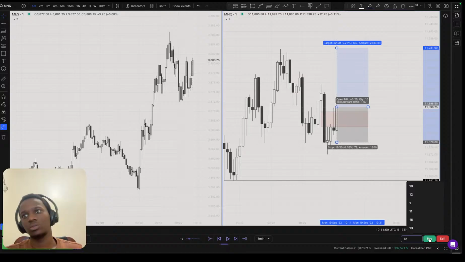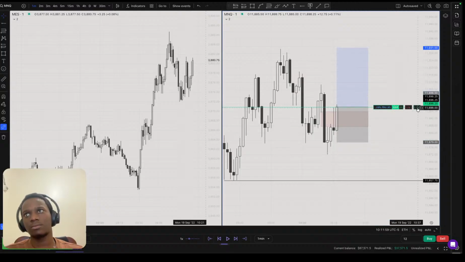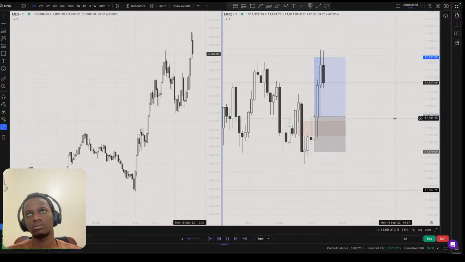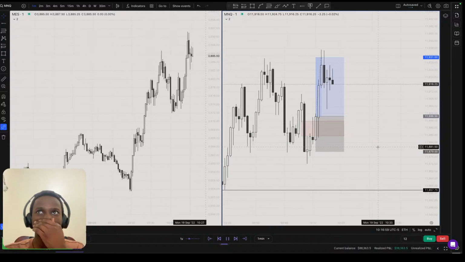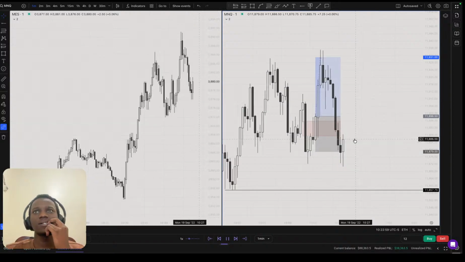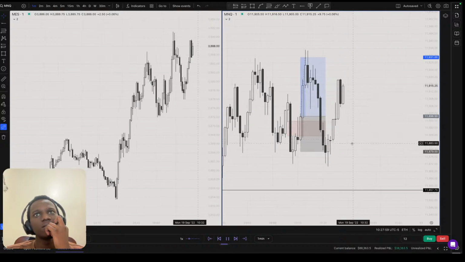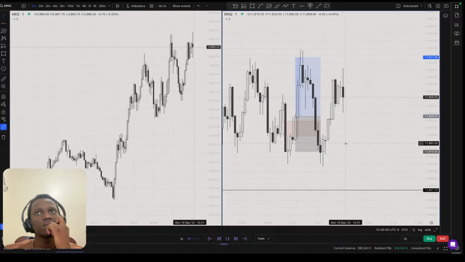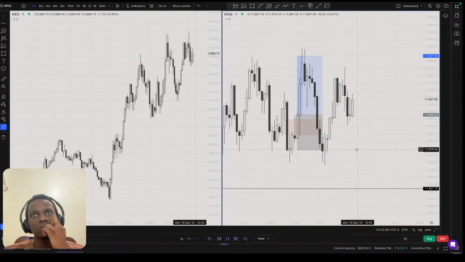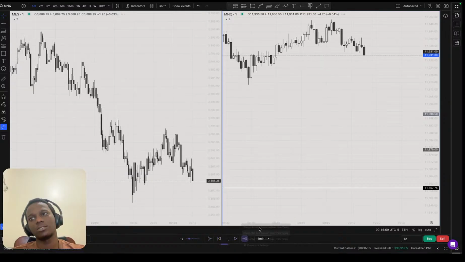And here do 12 over targeting this high. Anyways, this is on trap.